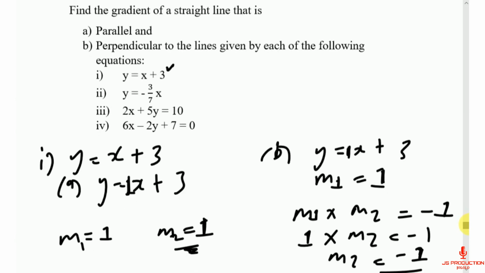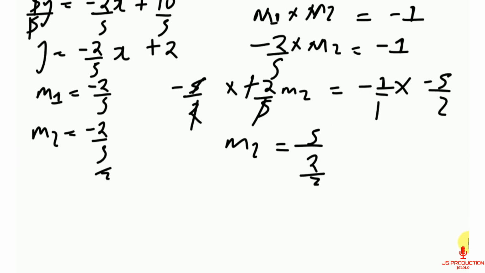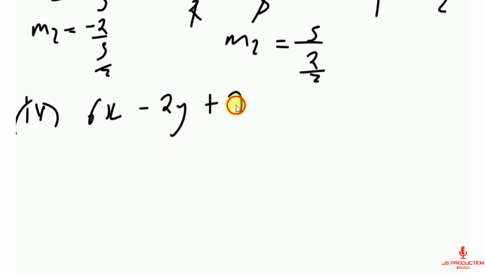Let us look at Roman numeral 4. So I have 6x minus 2y plus 7 is equal to 0.